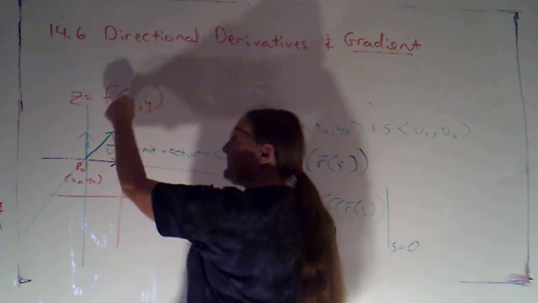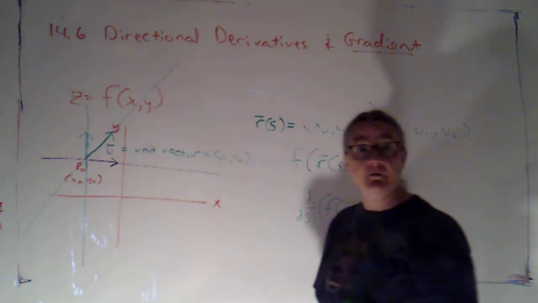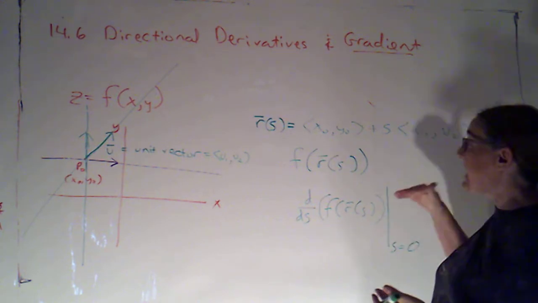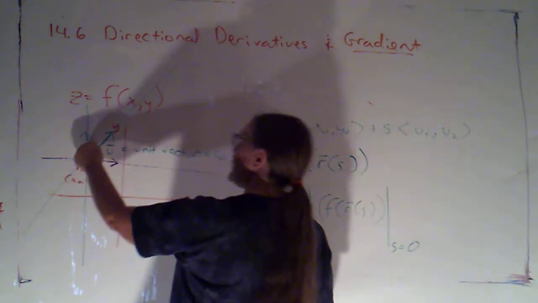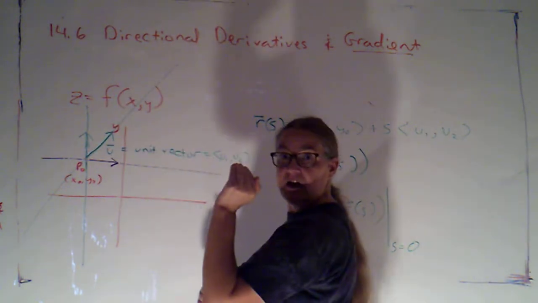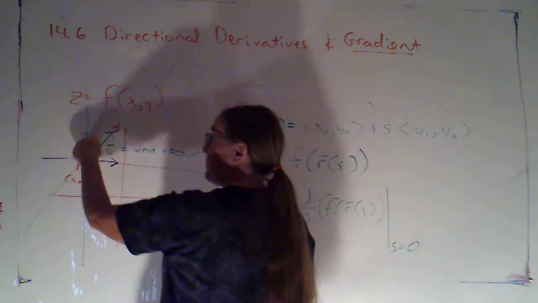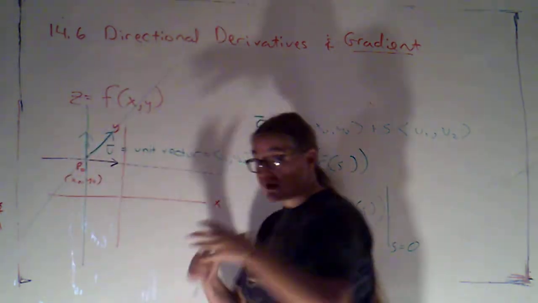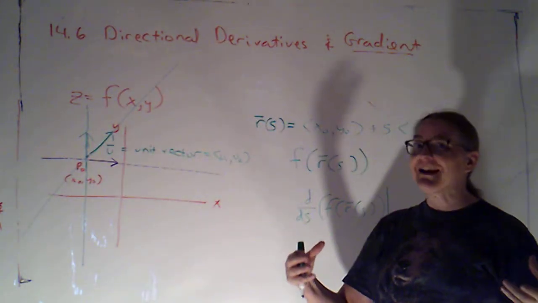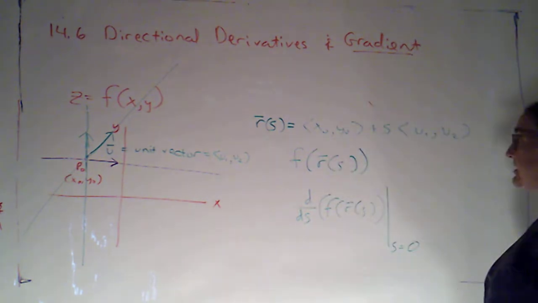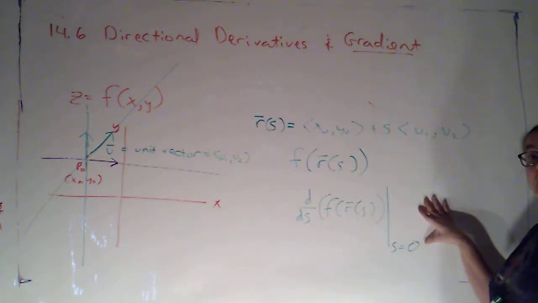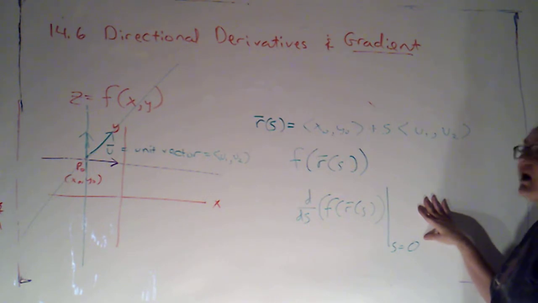If I wanted to calculate things in the other direction, I would use negative u as my direction vector. Okay. So I'm saying as I go in this direction, how does my z value change? And that is different from going in this direction. So it's not just the line, it's the oriented line that we are plugging into our function before we calculate the derivative. So this would be the directional derivative of f in the direction of u at point p naught.